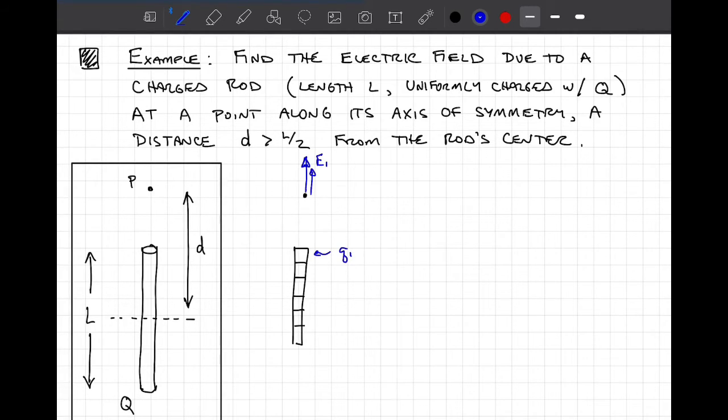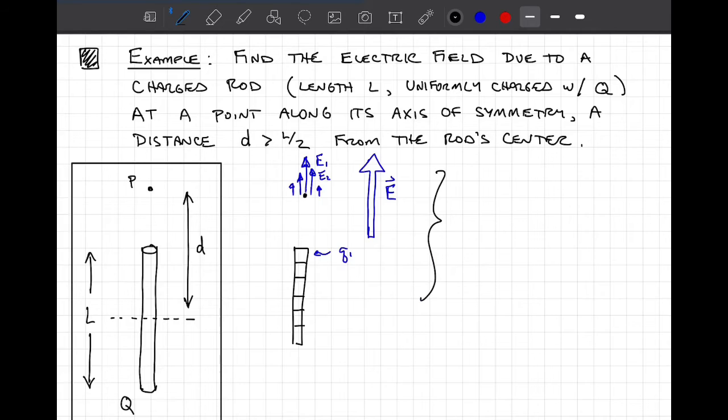And then for Q2 it's going to be a slightly smaller E2, and then E3 will be slightly smaller, and E4 and E5 will be slightly smaller. So those are the contributing electric fields to give us the total electric field at that point. And we can see, without any calculation, that the electric field must point directly upward, up the page here.